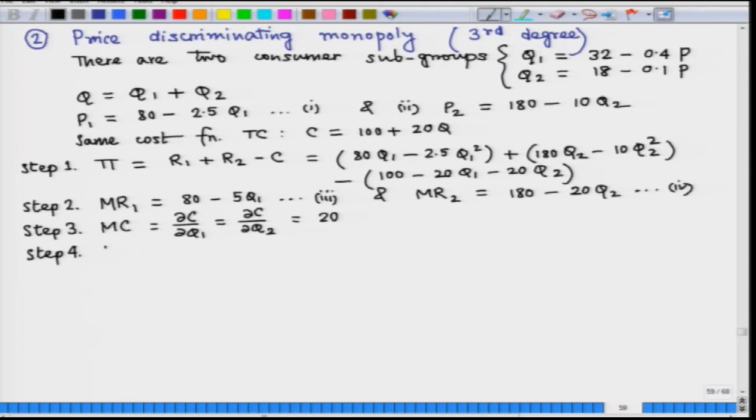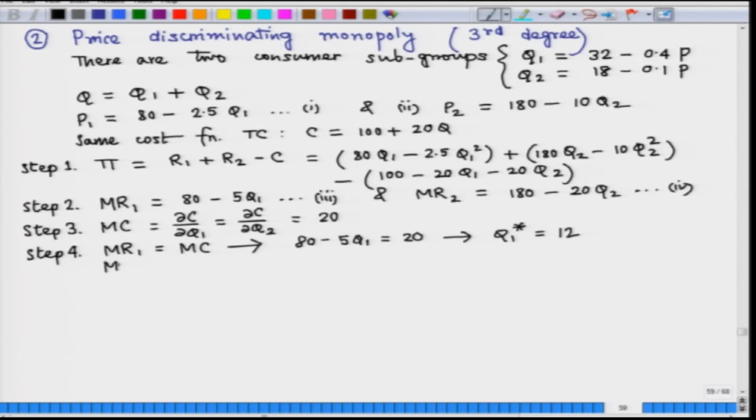So, we first equate MR1 to MC, and if we do so we get 80 minus 5 Q1 equals 20. If we do so, then we get a Q1 star value of 12.